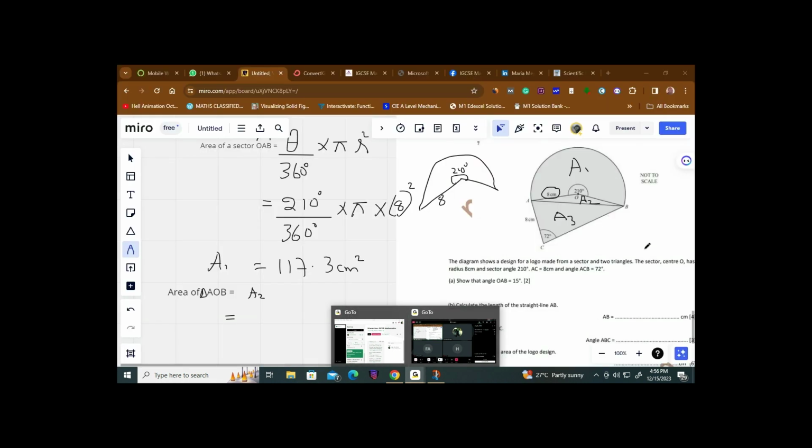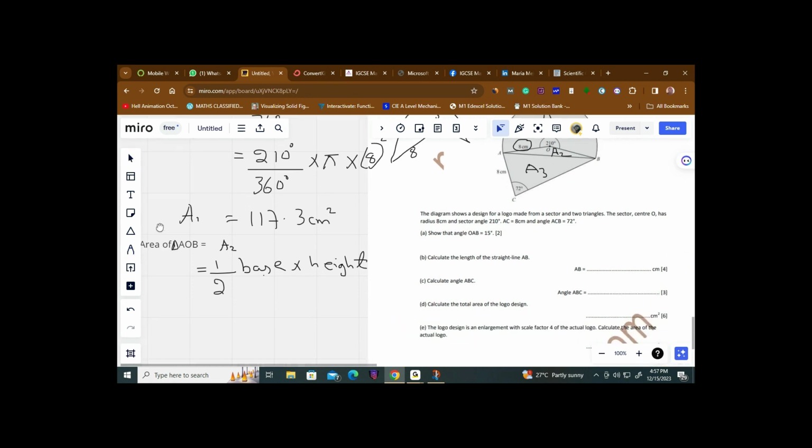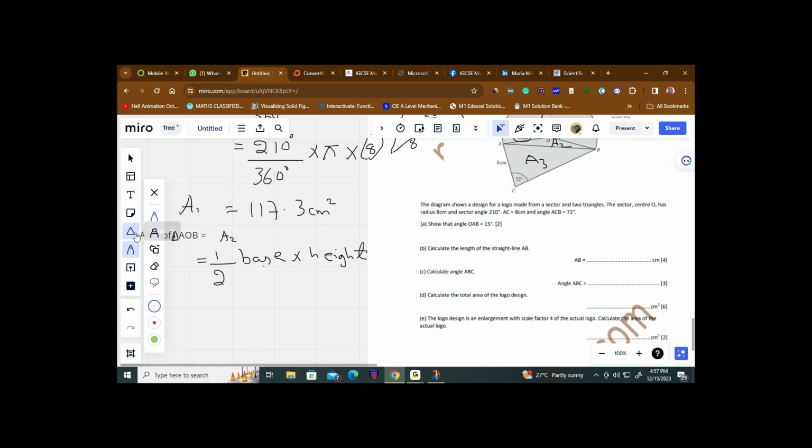Very basic and intrinsic formula. Half base into height. This is the very primary formula of finding out the area of a triangle.